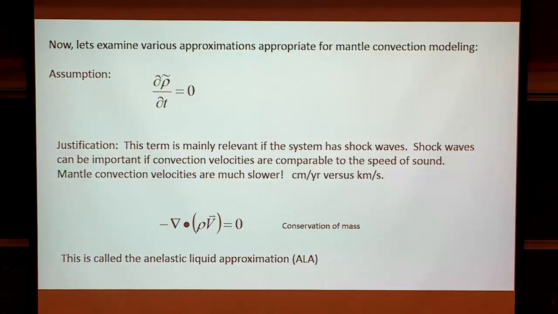So if you're doing supernova explosions, you wouldn't want to make this approximation, I imagine. But for mantle convection, convective velocity, centimeters per year, is much, much slower than sound waves, which are essentially P waves in the mantle, which are kilometers per second. So if we make that assumption, our conservation of mass becomes very simple. It's just this divergence equals 0. We call this the anelastic liquid approximation.